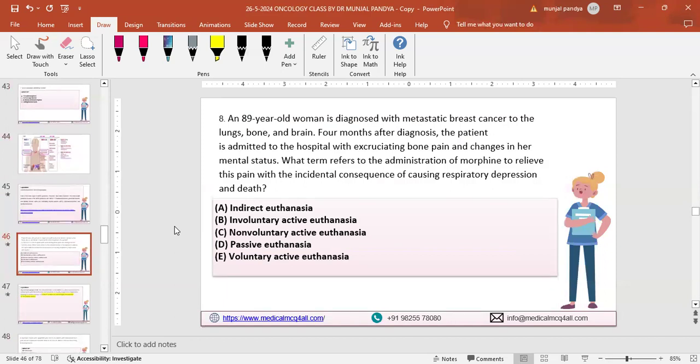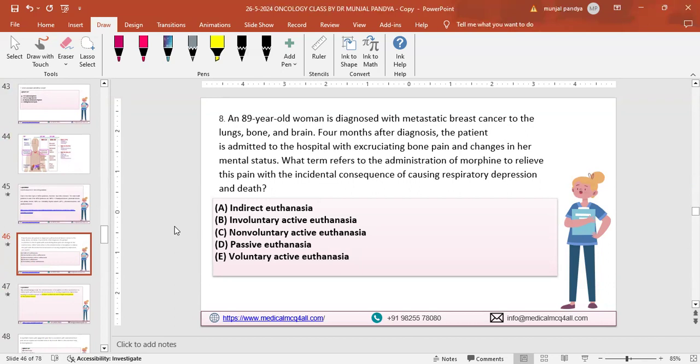An 89-year-old woman is diagnosed with metastatic breast cancer to the lungs, bones, and brain. Four months after diagnosis, the patient is admitted to the hospital with excruciating bone pain and changes in her mental status. What term refers to the administration of morphine to relieve this pain with the incidental consequence of causing respiratory depression and death?